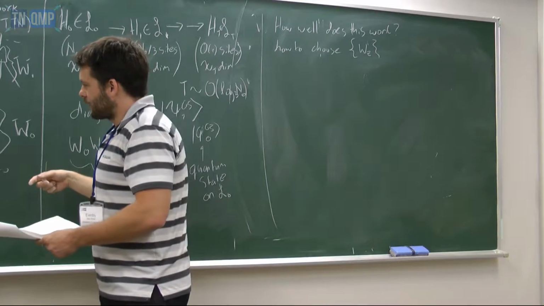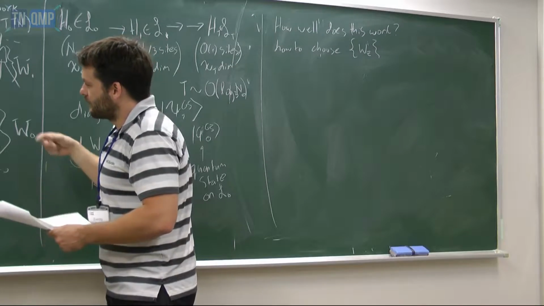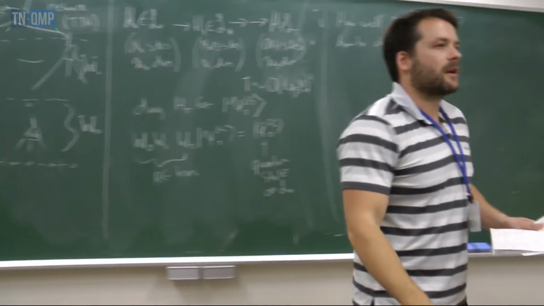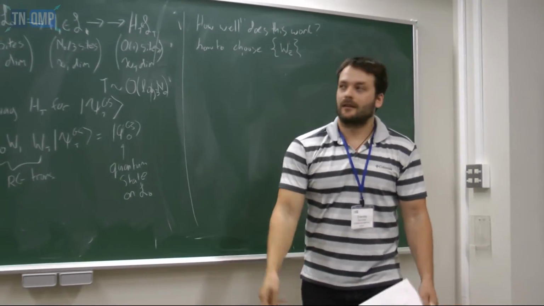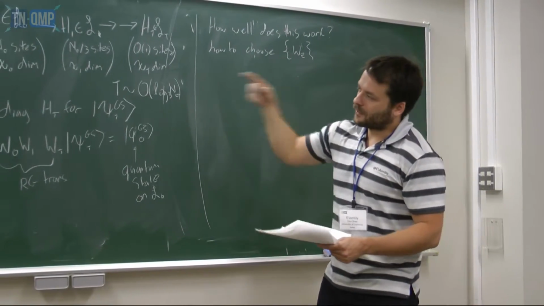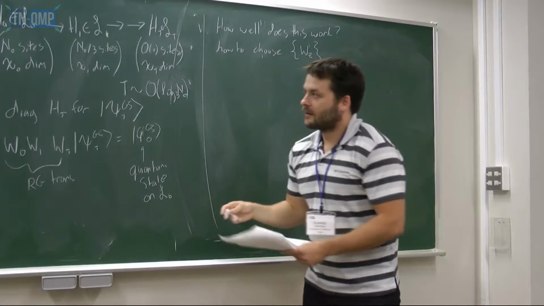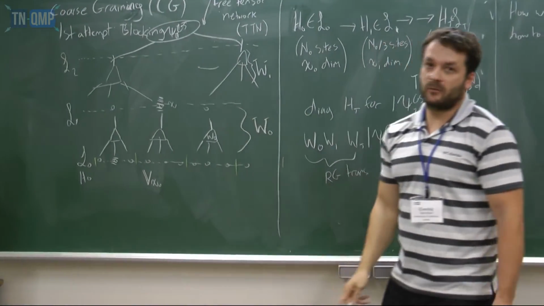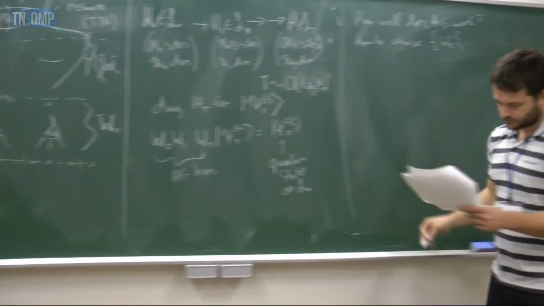Of course in practice we're going to do some variational calculations to optimize this network, but at the moment we just want to understand conceptually what this W0 should be doing, how big do I need to keep this bond dimension to represent certain types of state.